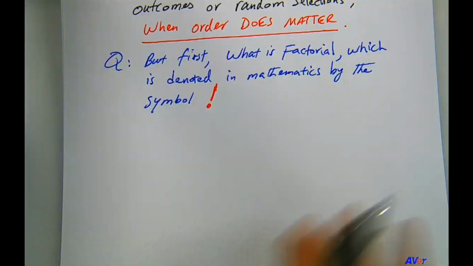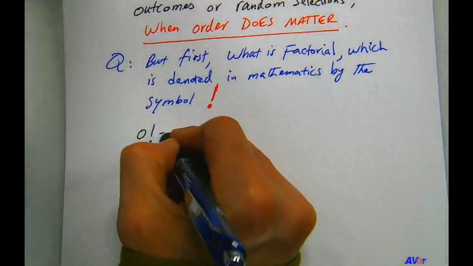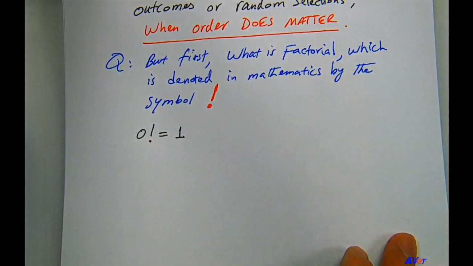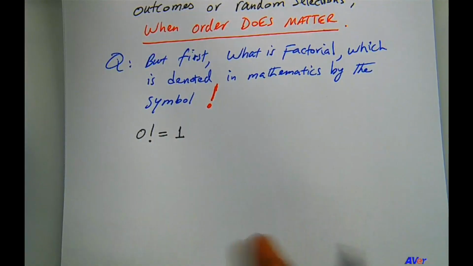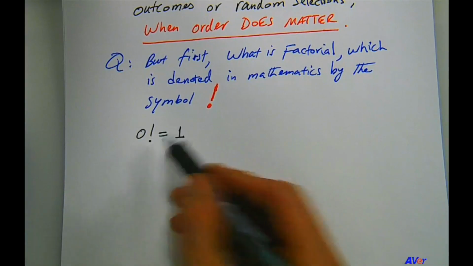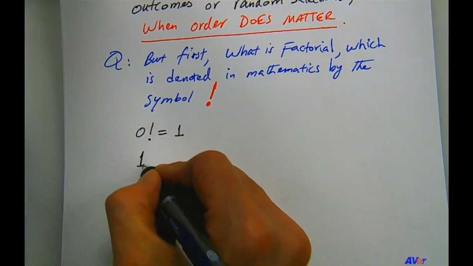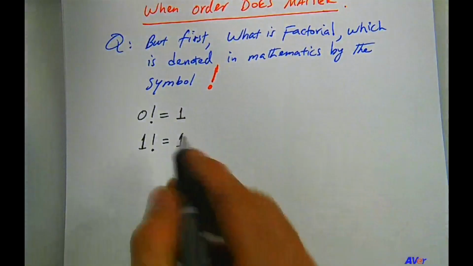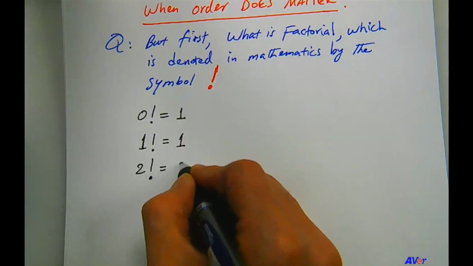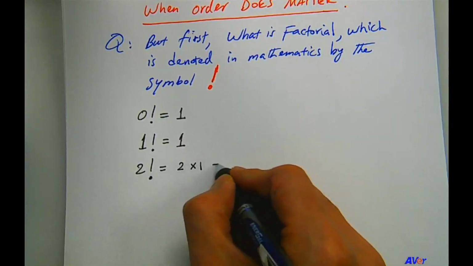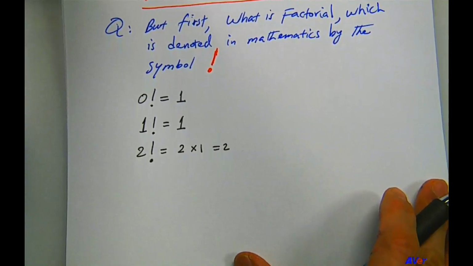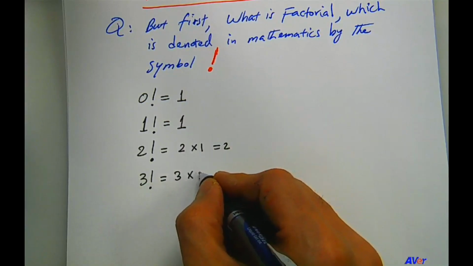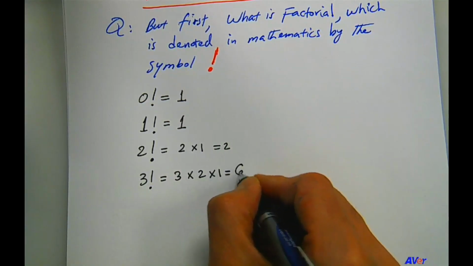Okay, so 0 factorial was defined to equal 1. Why is that? There is no reason for it except that it was an agreement between mathematicians. Then 1 factorial is also equal to 1. And 2 factorial would be equal to 2 times 1, or 2. 3 factorial would be 3 times 2 times 1, 6.